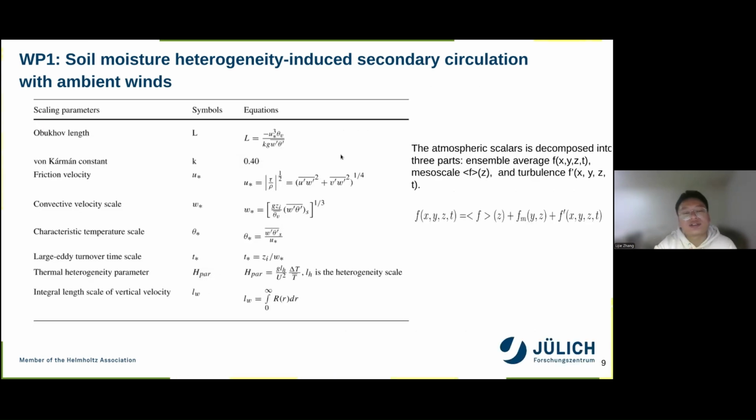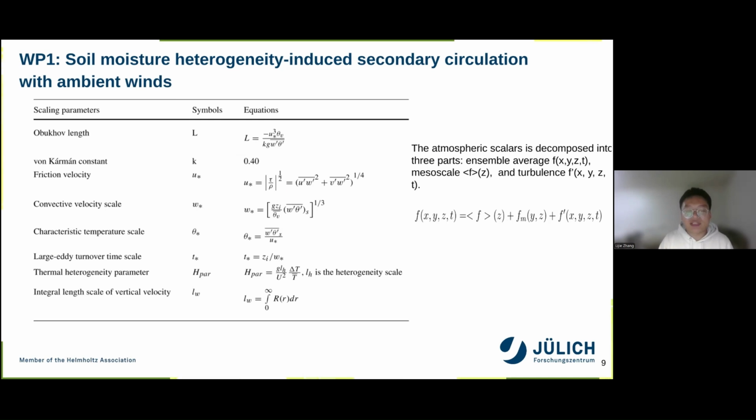This slide just describes the simple scaling parameters used here. We use these scaling parameters because we want to do some dimensional analysis, or let's say similarity analysis, so that the conclusions are more general and we can apply them elsewhere.